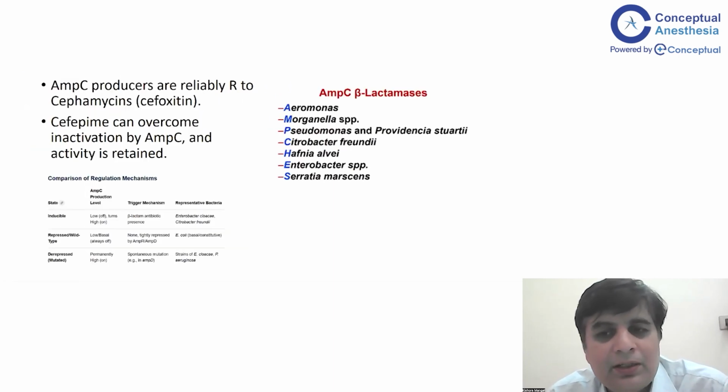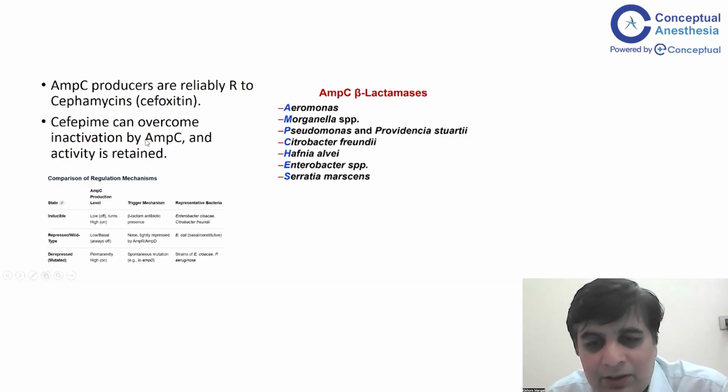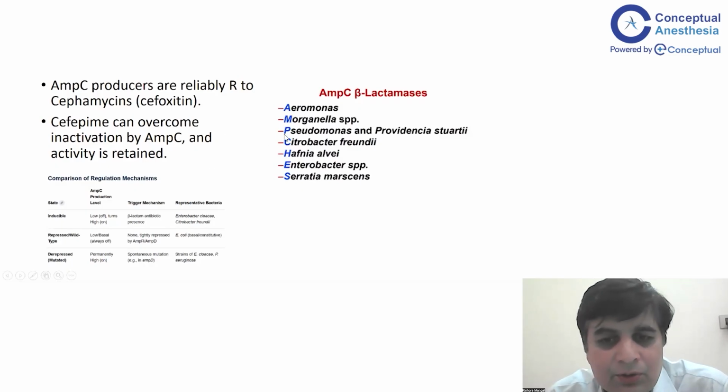Another very important hint is that AmpC is usually produced by the HECK-Yes organisms, which are Aeromonas, Morganella, Pseudomonas, Citrobacter freundii, Hafnia, Enterobacter, and Serratia. So this is very important. If you have an Enterobacter which is showing cefepime sensitivity and cefoxitin resistance, that is purely AmpC.